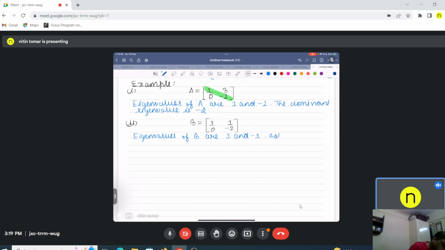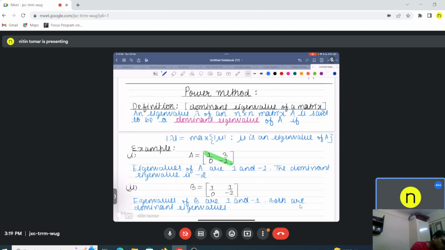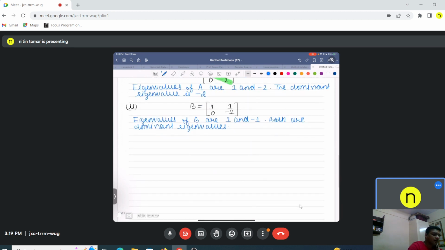Both are dominant eigenvalues. So it is not necessary that a dominant eigenvalue will be unique. So that is why we wrote a dominant eigenvalue, not the dominant eigenvalue. Okay, here we have written a, not the. Okay, so a few remarks.